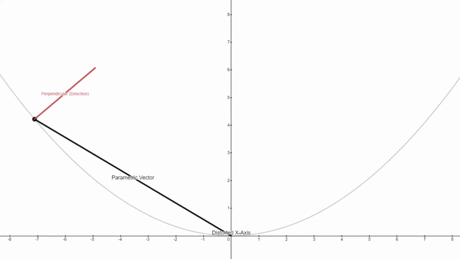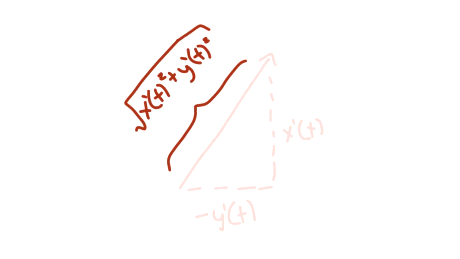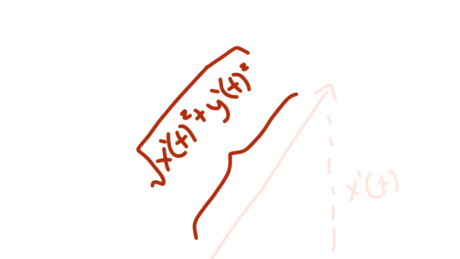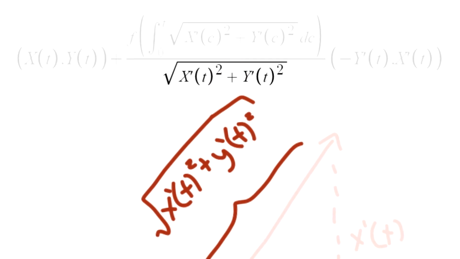And this vector's magnitude is measured by drawing the arrow as a right triangle, separating its two components. To measure the arrow's magnitude, we utilize the Pythagorean theorem, where we acquire this square root expression. And hey, this squared expression here is the exact same thing as the denominator under the vector.